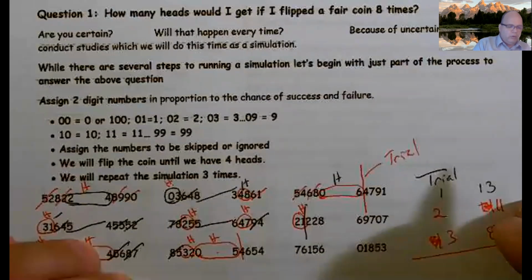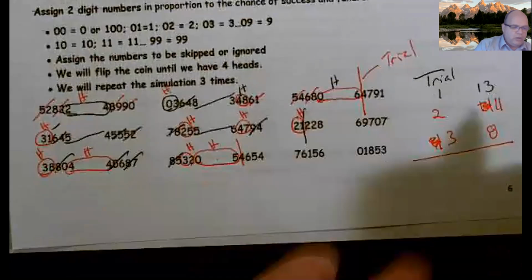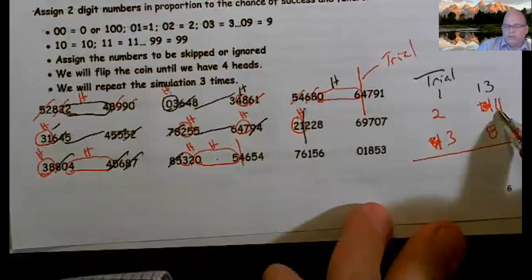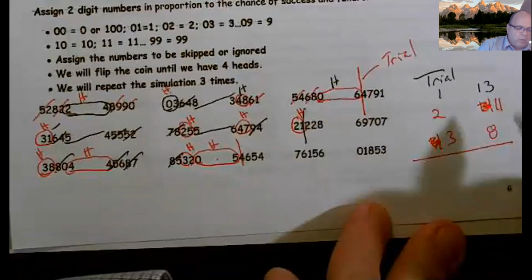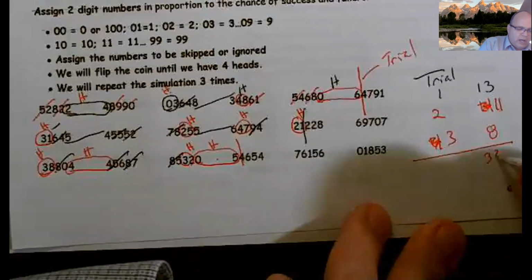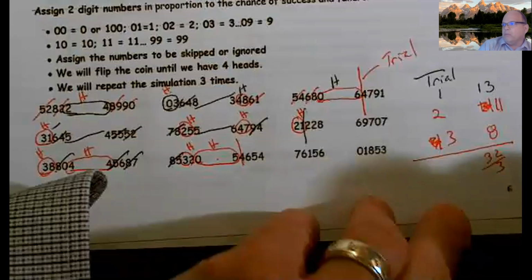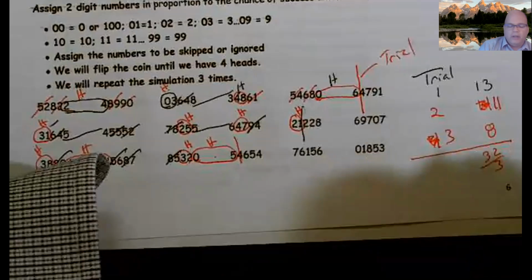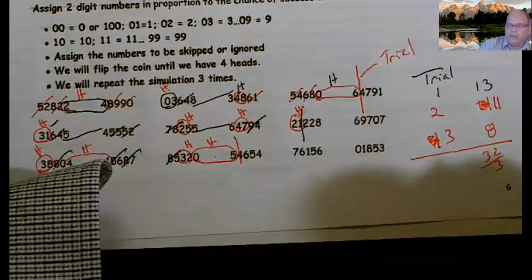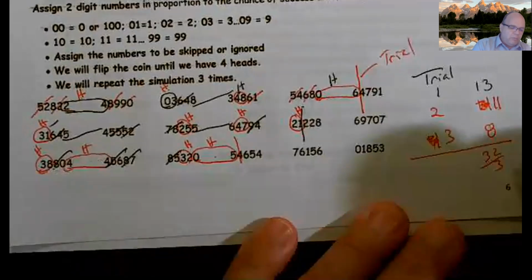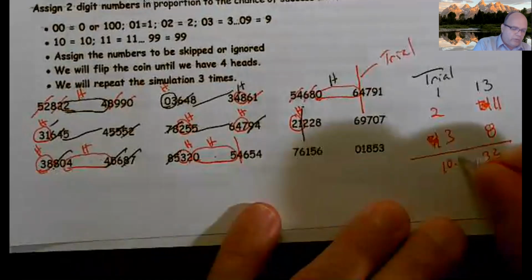So in total, 13 plus 11 is 24. Add 8 more to it is 32. I divide by 3, and I had to flip it almost 11 times, and this should be 10.666.